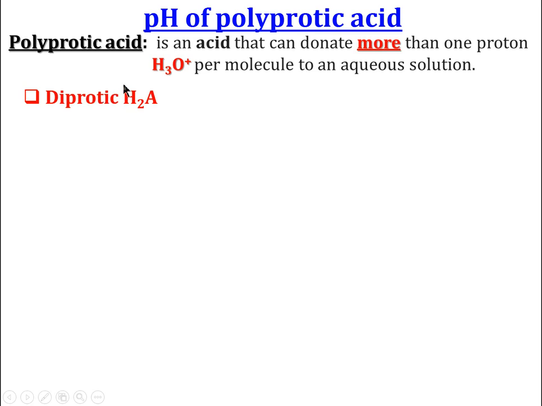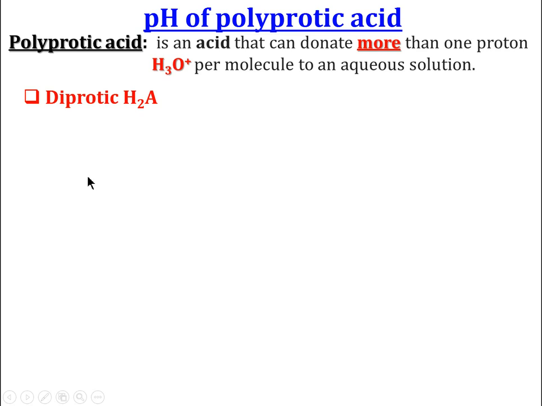Consider, for example, H2A. H2A can release a maximum of 2 moles of H3O plus if H2A is a strong acid, and if H2A is a weak acid, it will release less than 2 moles H3O plus, but more than 1 H3O plus per molecule. So H2A is a diprotic acid.